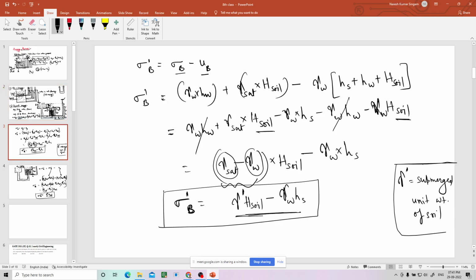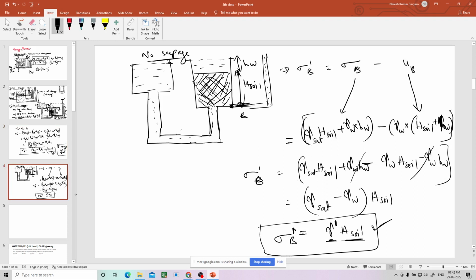Okay, so now coming to this expression, this is upward seepage expression, and this expression, whereas no seepage expression. What is the difference?